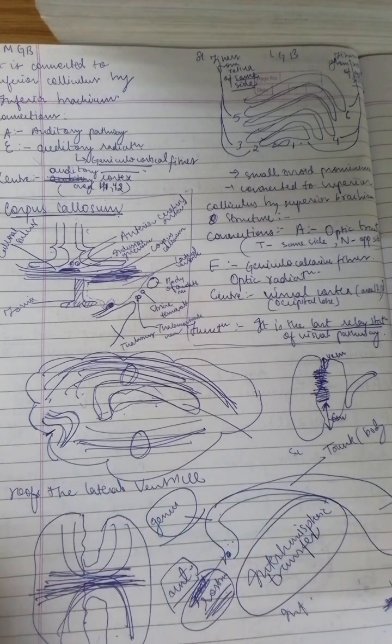I have just read through this. I will also talk about something about tapetum. Tapetum are white fibers which also form the roof and the lateral wall of the posterior horn. You will learn about tapetum more in the lateral ventricle.